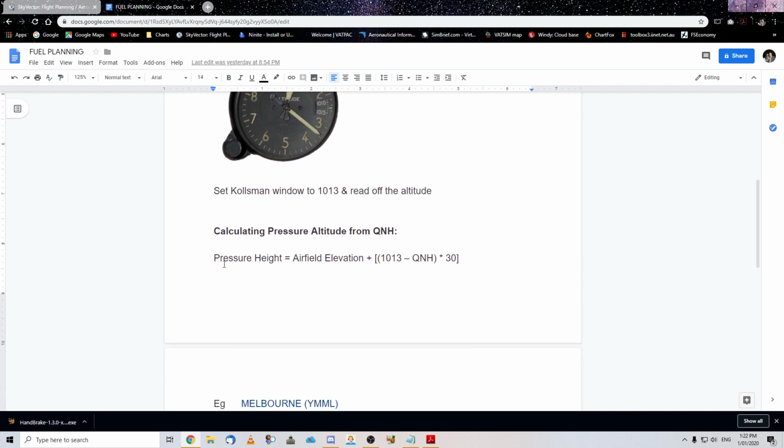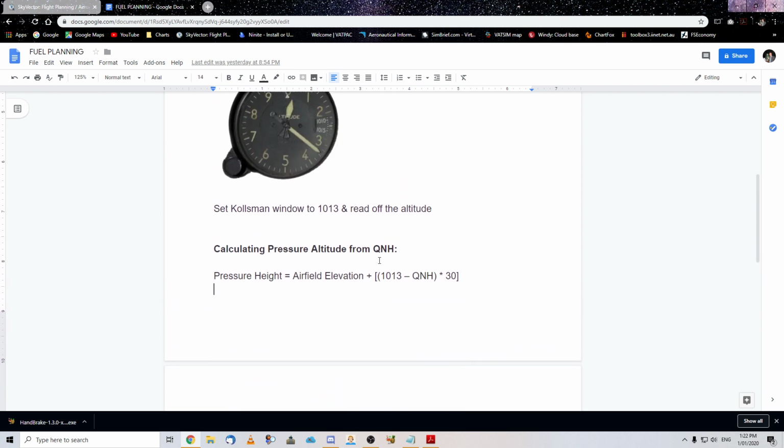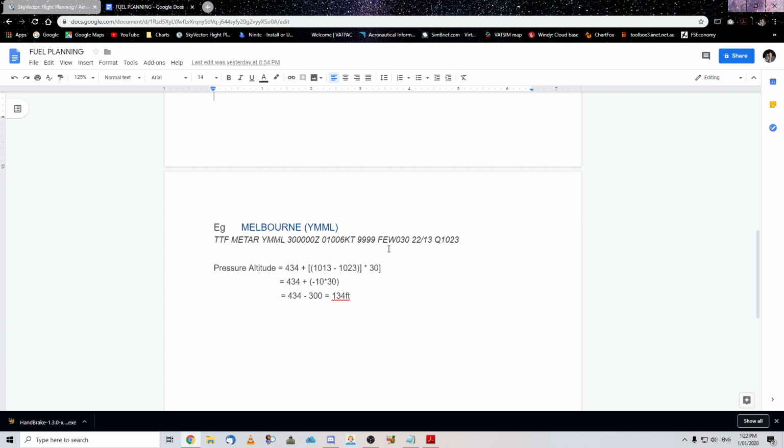Another way is you've got this formula here, and this basically tells you that the pressure height equals the airfield elevation plus 1013 minus the QNH that day, times 30. Now let's say, for example, on a particular day in Melbourne, the QNH is 1023.